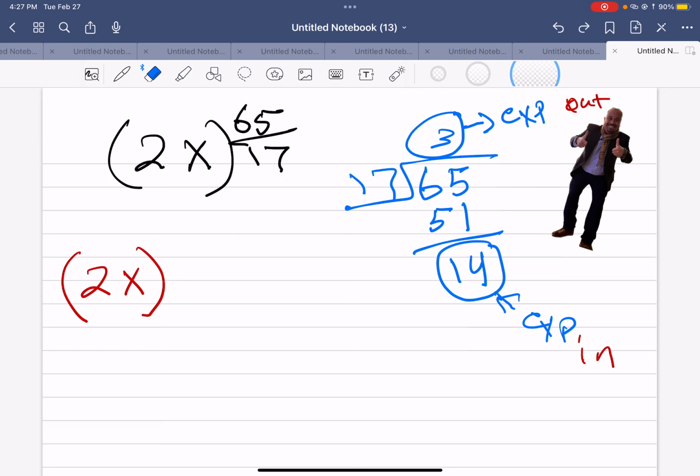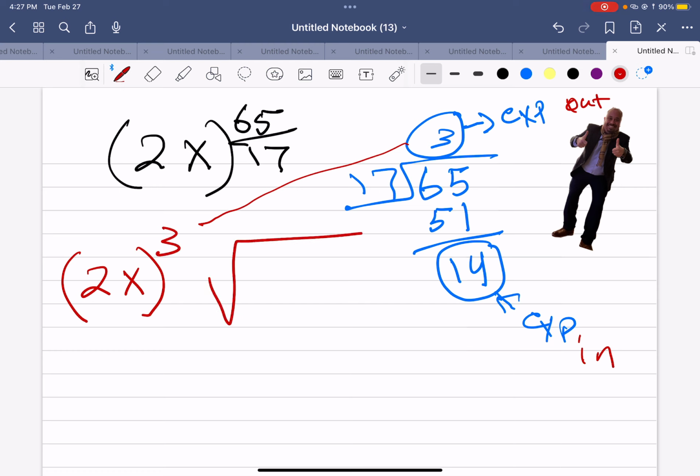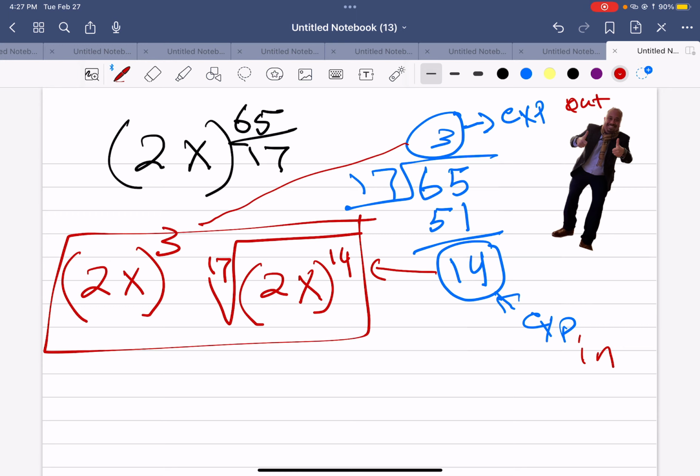To the power of 3. Exactly. This goes here, the power of 3. And then I put the radical, the 17th root of the same base to the power of 14. And that will be my answer.